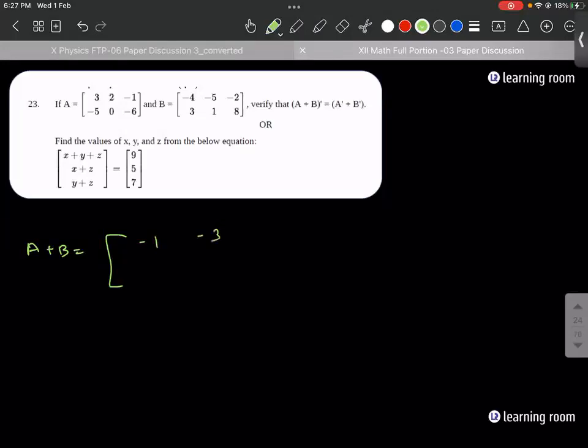Minus 1, minus 3, minus 3, minus 2, 1, 2. So the transpose of this will be minus 1, minus 3, minus 3, minus 2, 1, 2.